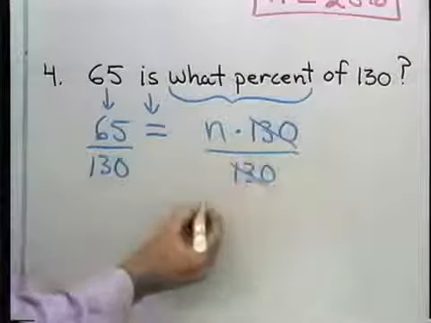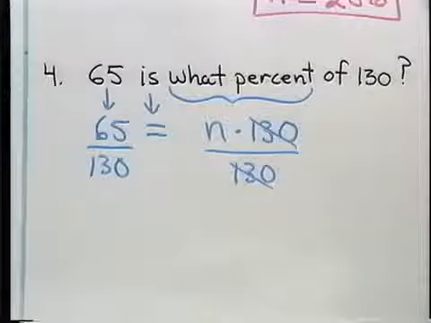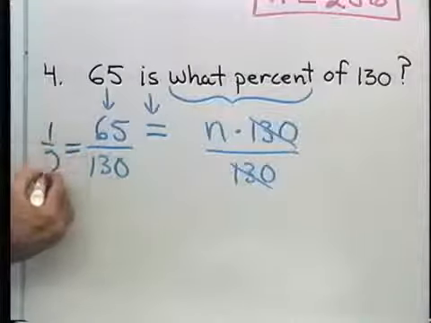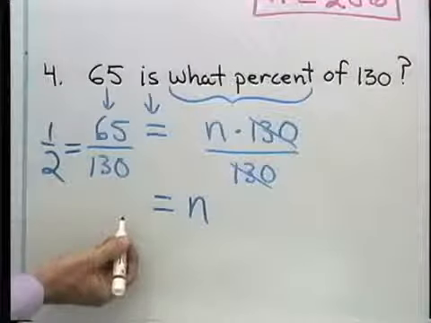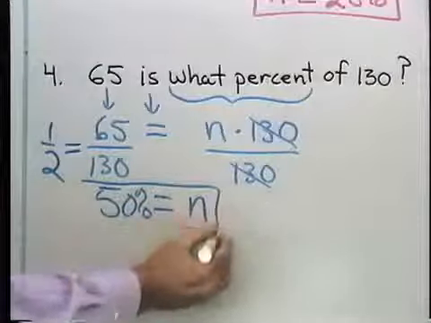So I end up with just n right here as 65 over 130. Now 65 over 130 is 1/2. So I end up with n is equal to 1/2, which is 0.50, which is 50%.